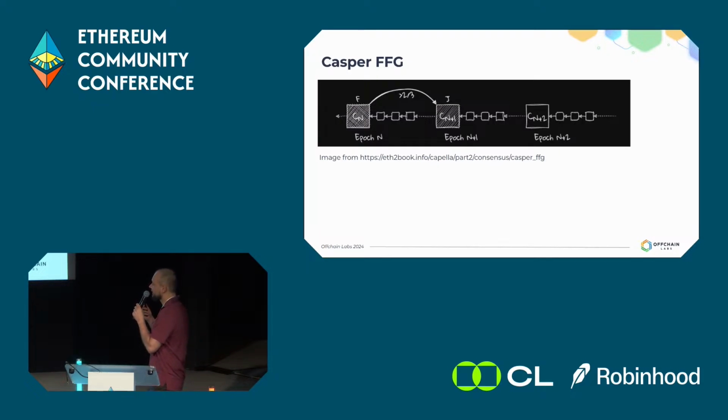And so if a checkpoint is justified, such as here in epoch n+1, and validators casted votes that the source is in epoch n and the target is epoch n+1, and more than two-thirds of validators casted that vote, then the checkpoint at epoch n+1 got justified, okay? And then later on, you can imagine the same arrow going from checkpoint n+1 to n+2, again with more than two-thirds of validators, and that justified checkpoint n+2 and finalized checkpoint n+1.